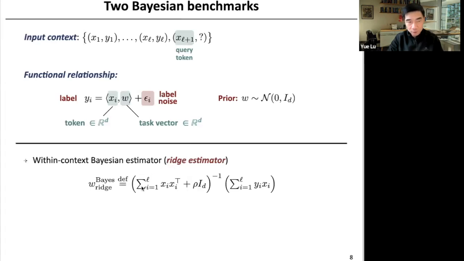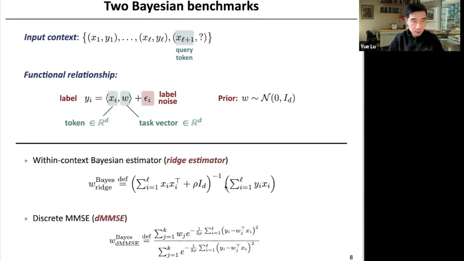And this ridge regression would produce the Bayesian optimal estimator of the task vector omega. Correspondingly, you can predict y by multiplying the input x_{l+1} with the Bayesian optimal estimator of the task vector omega, which is given by this formula. It's essentially just a ridge regression estimator. Okay, that is one benchmark. We can consider this as the oracle optimal estimator.